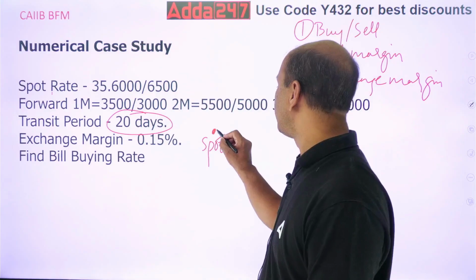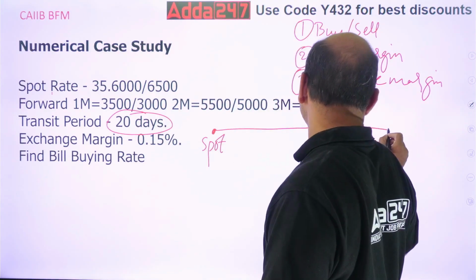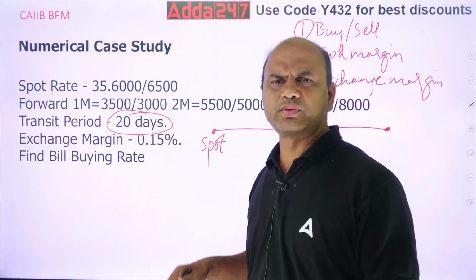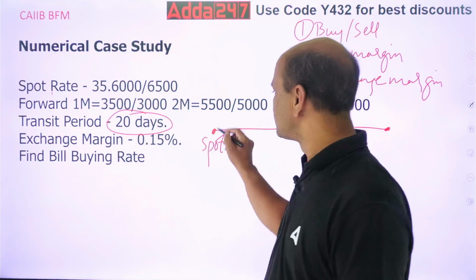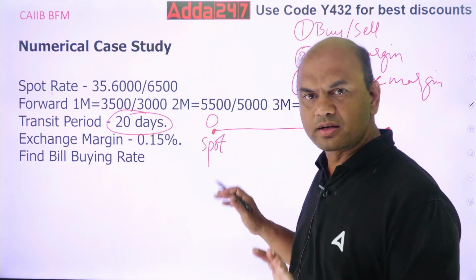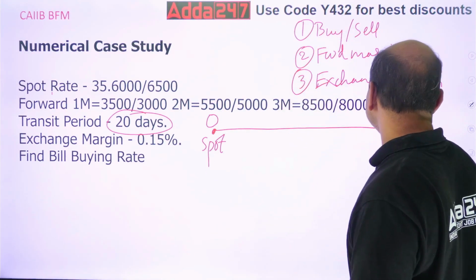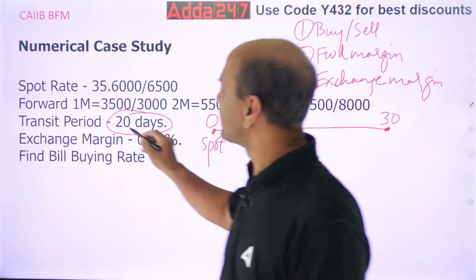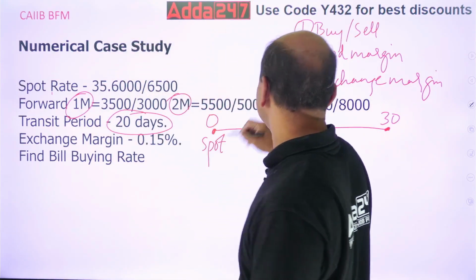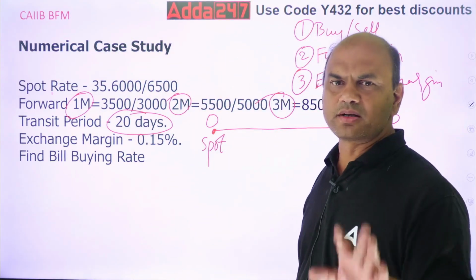So when I send the documents, it is taking 20 days. Now, this 20 days will lie between what? Spot means 0. And 20 will lie between 0 and 30. Why 30? Because we are focusing on 1 month. This is our target. 1 month or 2 month or 3 month. Month means 30 days.